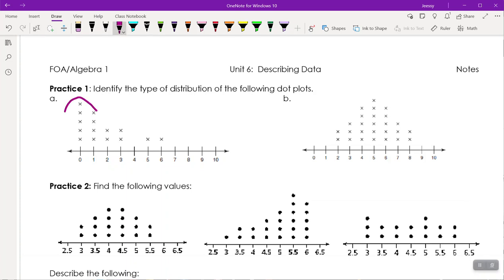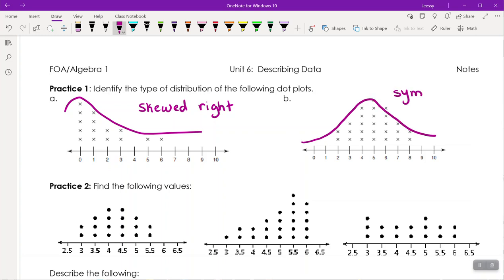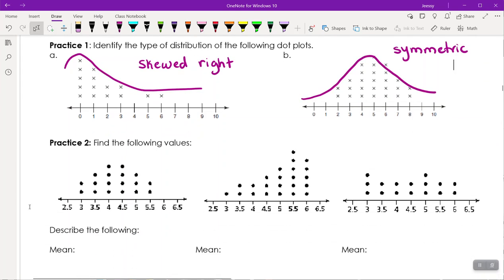Yes, because the tail's on the right side. Skewed right. All right, this one. Yes, symmetric. Symmetric with a bell-shaped curve, okay, or the normal curve. All right, now let's practice reading the information. Clear?